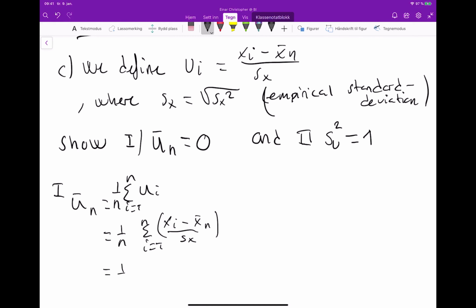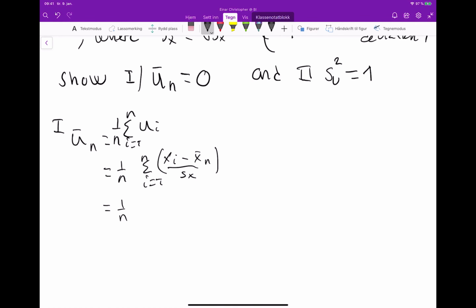And then we get 1 divided on n, and this sx is actually just a constant which we can take outside the summation sign. So we get 1 divided on n times 1 divided on sx, sum i equal 1 to n, xi minus x bar n.